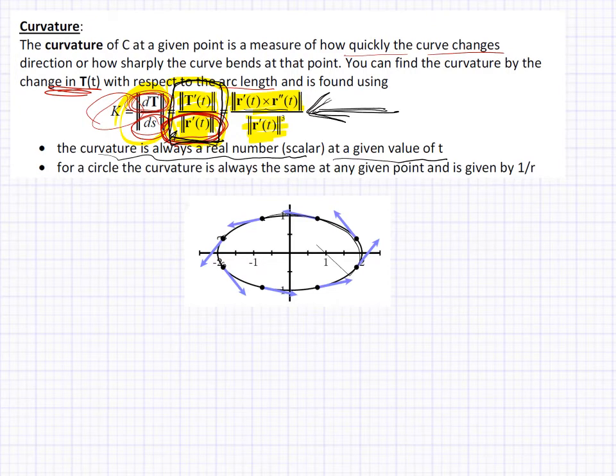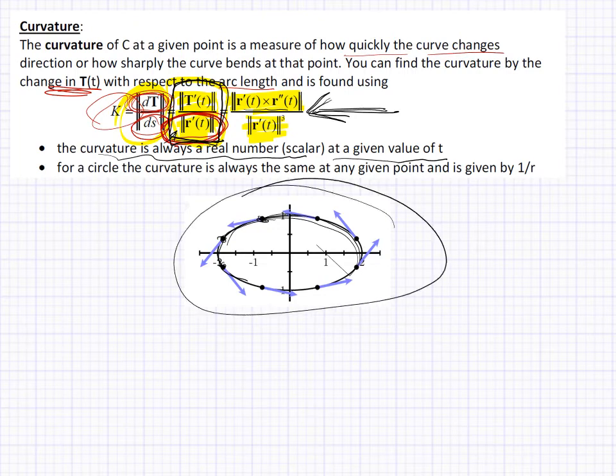And you could see maybe with something like this that the curvature would be different here as opposed to here, because the amount of bend in the curve is changing, right? So you expect most curves to have their curvature throughout the entire function to be a function of t, but at a particular location on any curve, the curvature right there will be some scalar. It will be a constant.